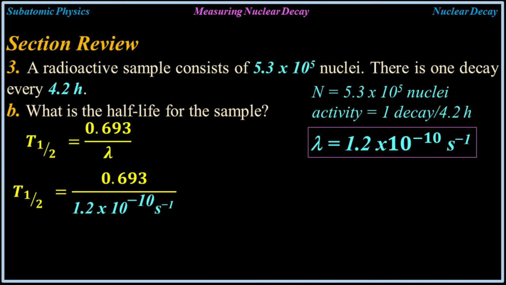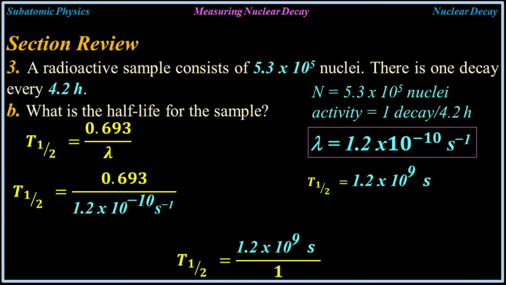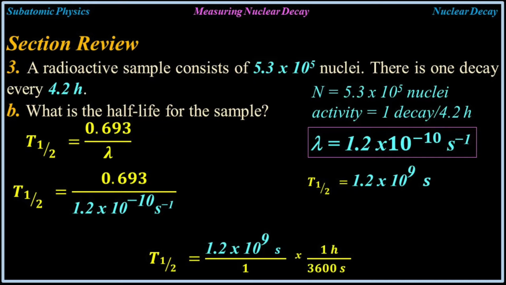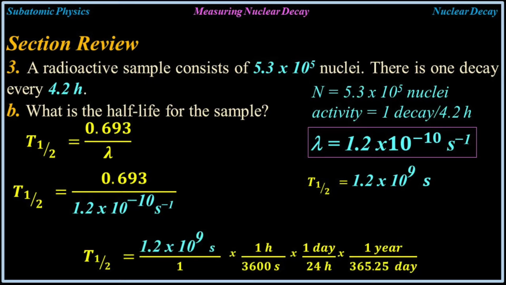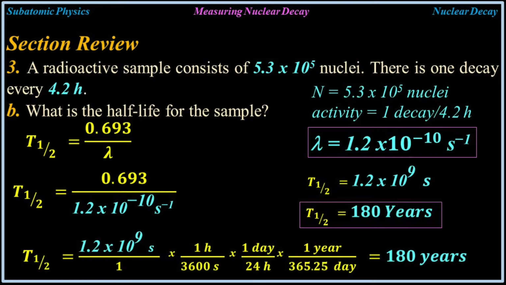So the half-life is 1.2 times 10 to the 9th seconds. And then you can convert that to days or years or whatever is convenient. And you get 180 years.